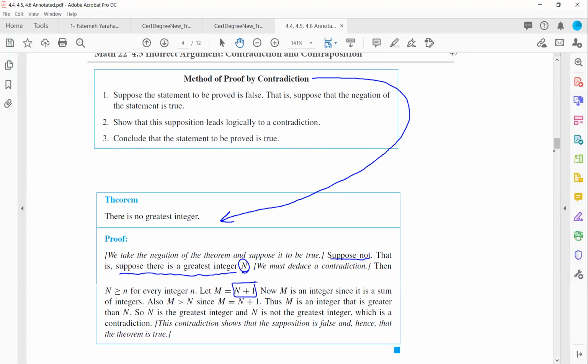What's the meaning of that? It means that I found another integer m which is greater than my greatest integer. It doesn't make sense. So the statement that there is a greatest integer n is false. It means that there is no greatest integer. This method, which is very popular, is called the method of proof by contradiction.